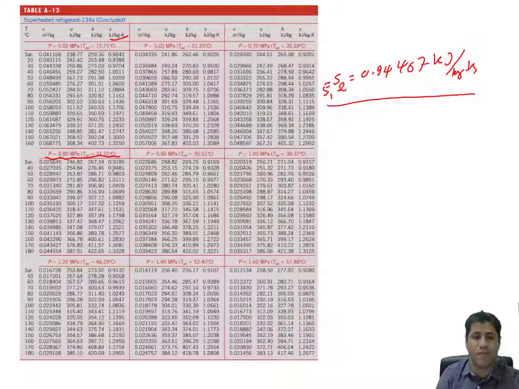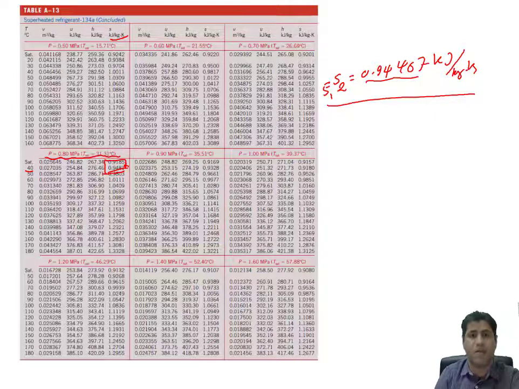And the next entropy is for 40 degrees Celsius, and it is 0.9481. And if you notice here, our entropy S2 is between these two entropies.